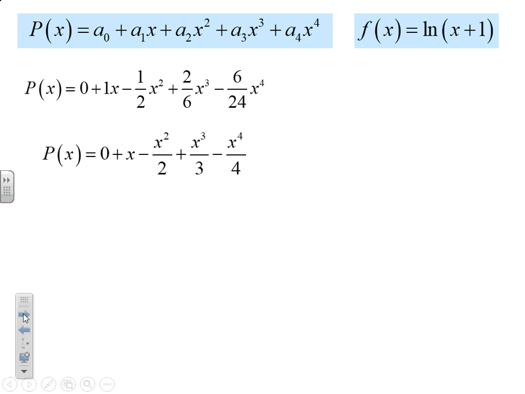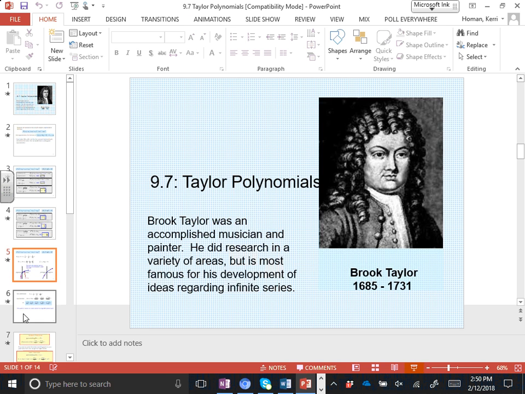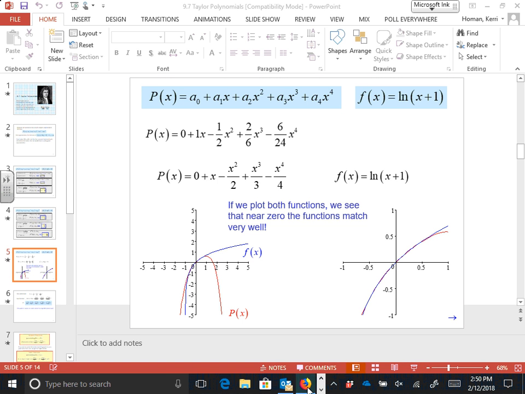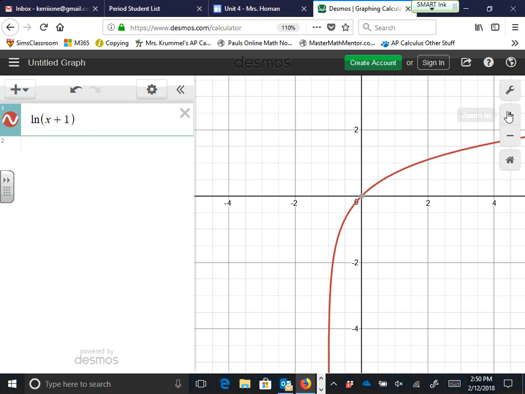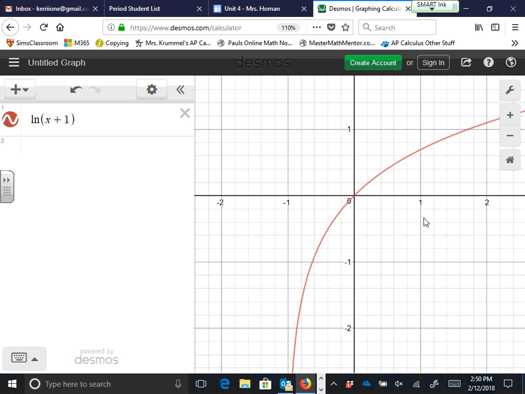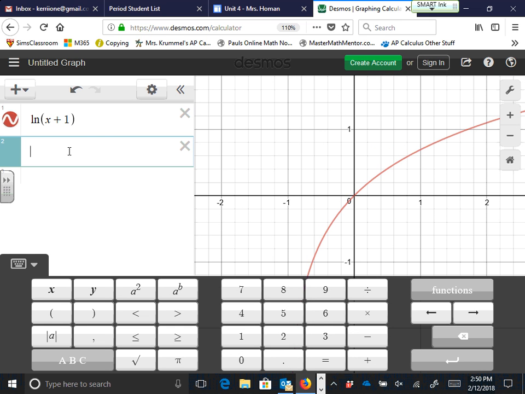Now, this is what I want to do. I'm going to put this into Desmos, okay? So our first function is the natural log of x plus 1, and I'm going to zoom in. Okay, are you ready for this awesomeness? Okay, y equals 0. That was our first term. Okay, that's not helpful. Plus x.